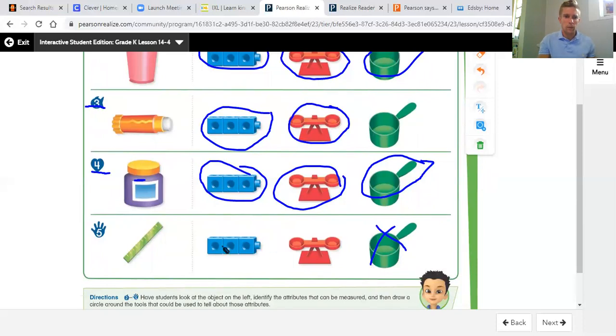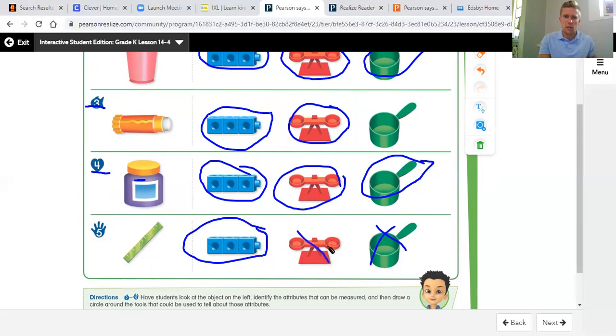Can we use the cubes to measure the ruler? Yes, we can. And would you want to weigh a ruler? Would you want to know how much it weighs? I mean, you could if you want to, right? So technically you could weigh it, but normally would you use a ruler to know how much something weighs?